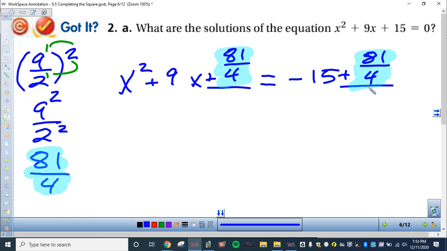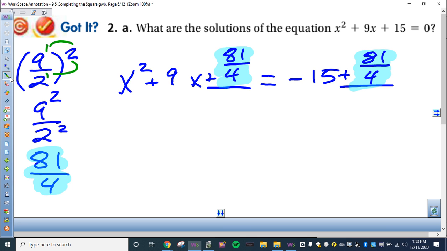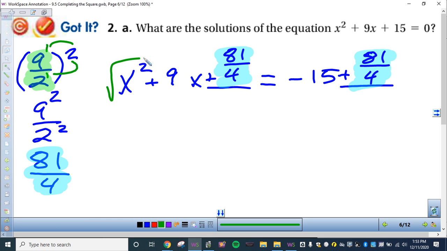Okay? Then when I take the square root, what I'm going to end up with is that 9 over 2. Right? So I go from 81 over 4 back to 9 over 2. So again, we're thinking about square rooting. And notice how I wrote square roots in both numerator and denominator there, because we can square root them individually.